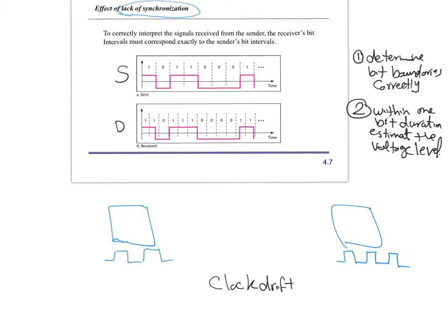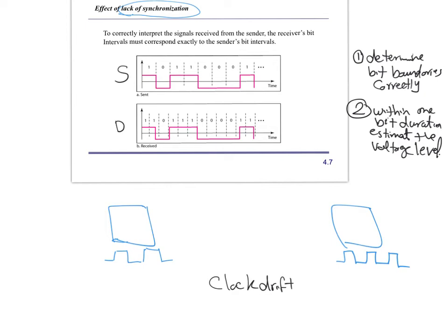So at the receiver, the ideal case is that when I receive a signal like this, I can detect the bit boundaries exactly, and within this bit duration, it seems that the voltage level is positive, so this is 1. And here it seems that the voltage level is negative, so this is 0, and so on.